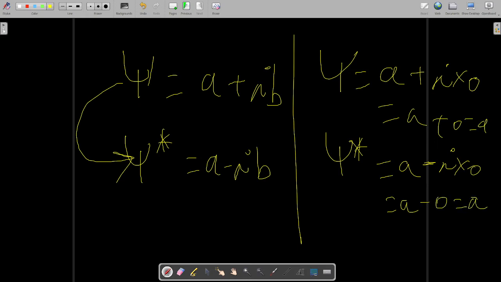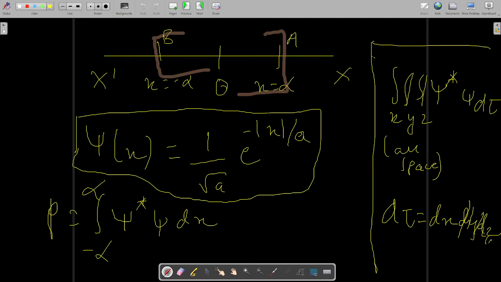So the conjugate of a real number is the same number. As the i term is not at all present over here, clearly its conjugate will be equal to the same function. No need of any i, there is no i, so psi star and psi are going to be the same.